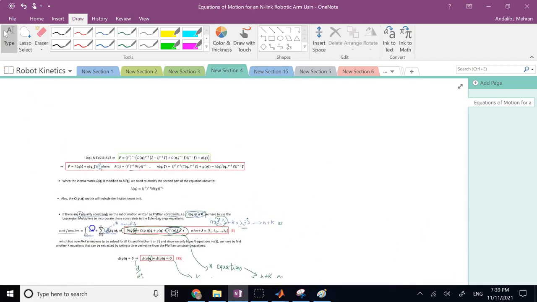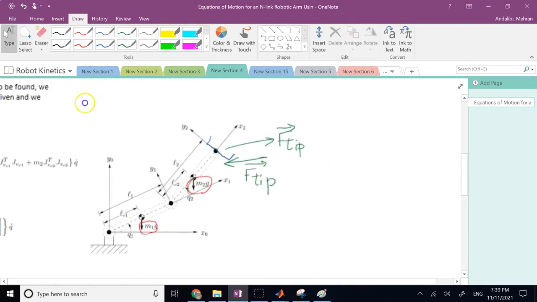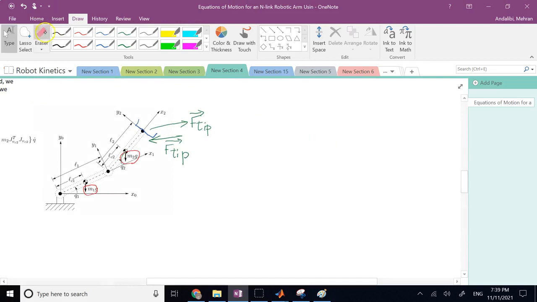So let's say, for example, here in the case of this robot that you have, can we have any Pfaffian constraint on the motions? As I said, it has to be a matrix A times the q dots equal to 0.